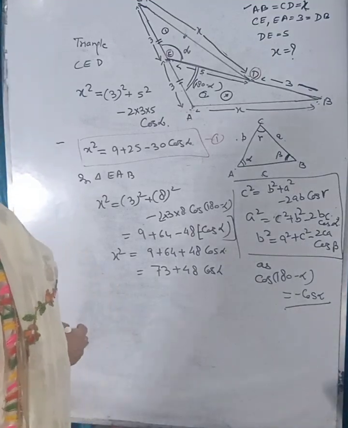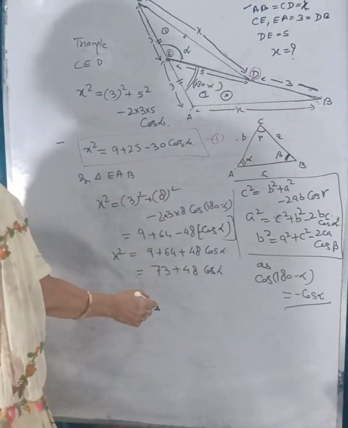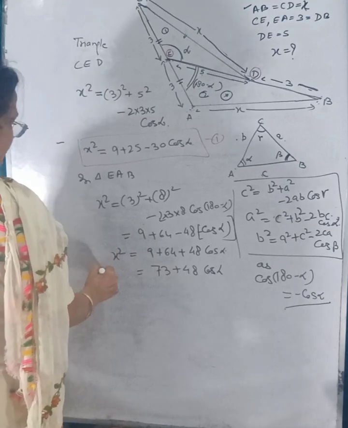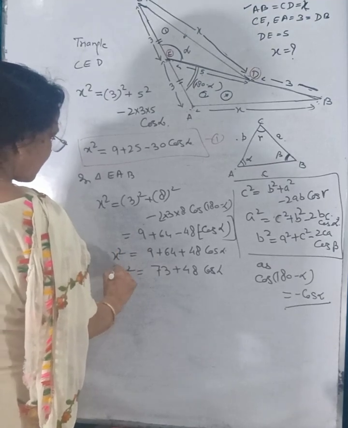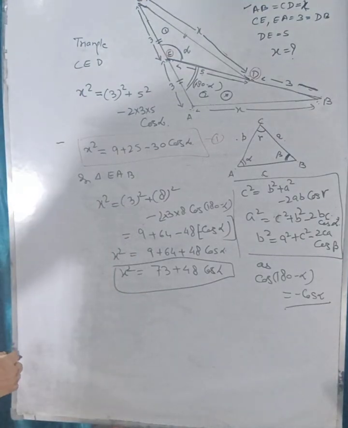It means they both are equal to each other. This is equation number 2, from which the value of cos alpha will come.